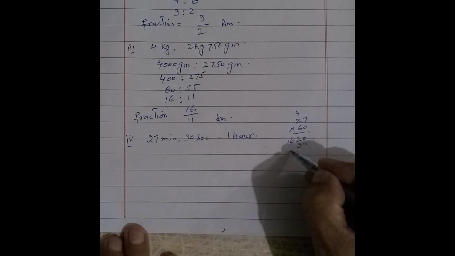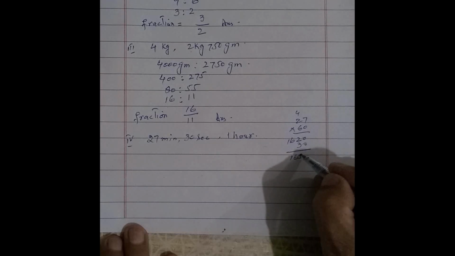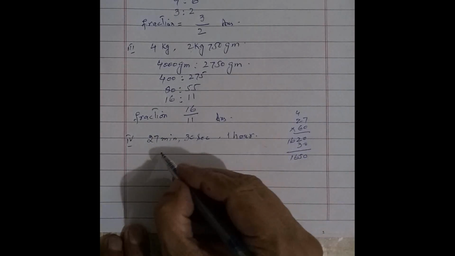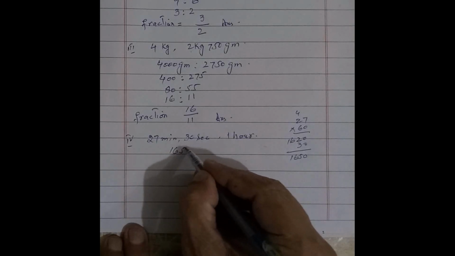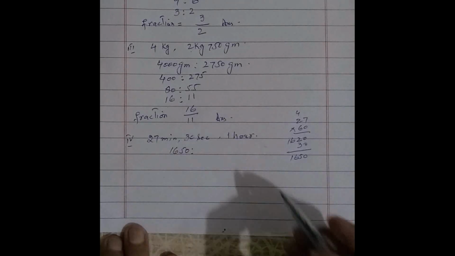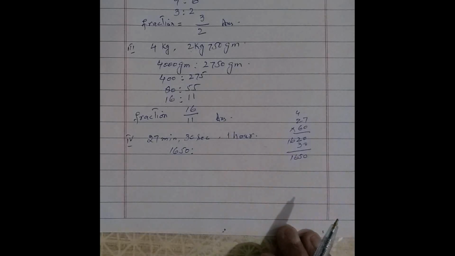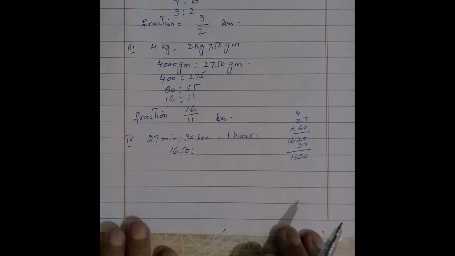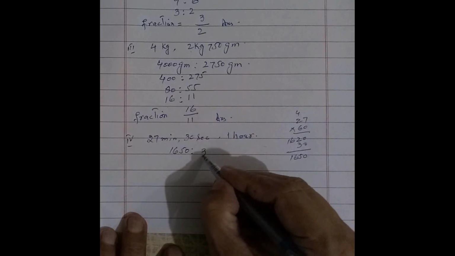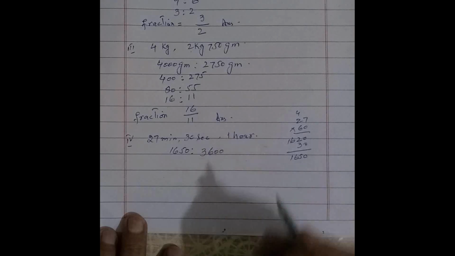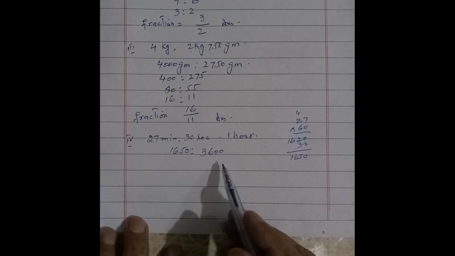When we add 30 we get 1650, and here we write 1650 ratio 1 hour. 1 hour means 60 minutes, and when we multiply 60 by 60 we get 3600. Both the values are in seconds.